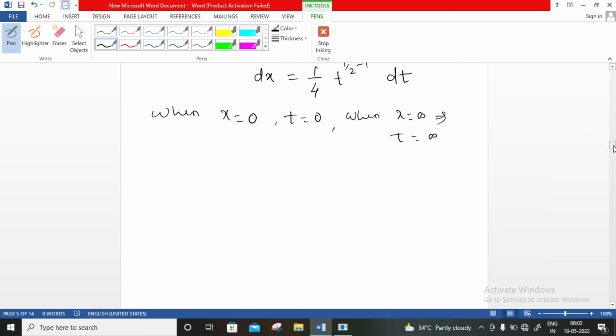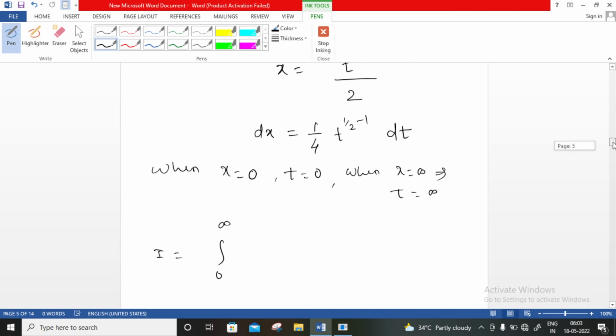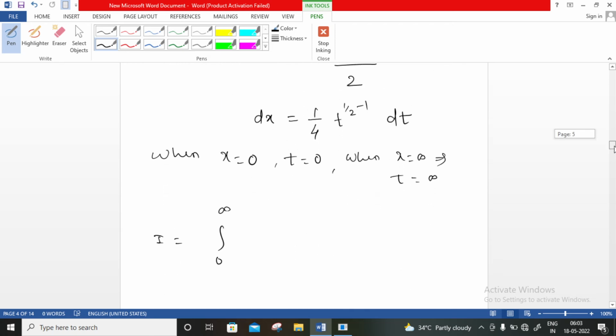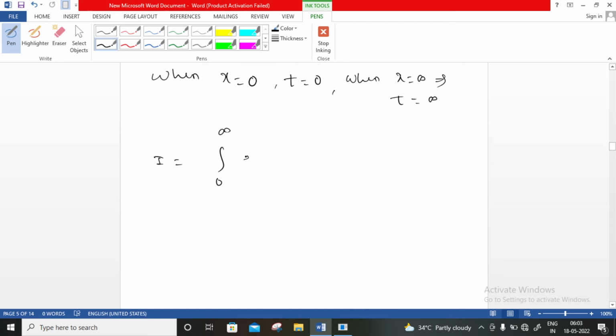Now you write the I in terms of t as 0 to infinity. When you change the variable and the limits are 0 to infinity, then it doesn't change, but I always check when the variable changes. Okay. Now I write I as 0 to infinity e raised to minus t, because I put 4x square as t, so minus t into x cube.